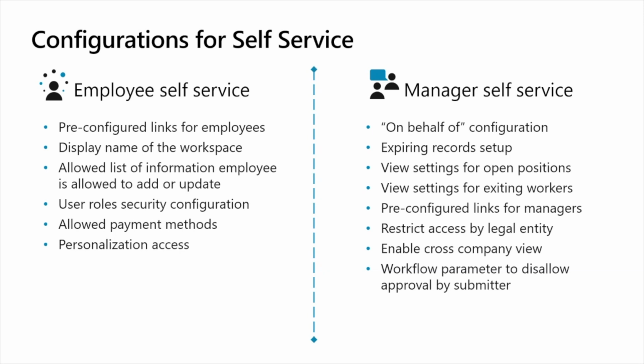You can basically select, at the organization level policy, for how many days before and in future you can have a look at those records. And whether those expiring records should be seen only for the direct delegates or extended teams, as well as the exit for the open positions and the exiting workers.